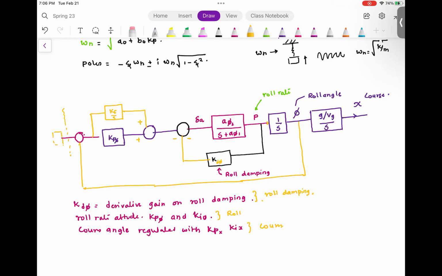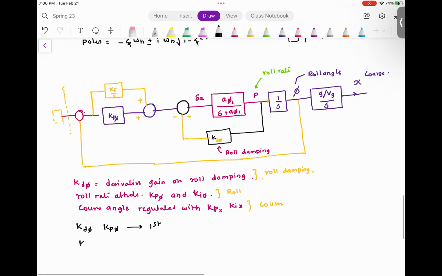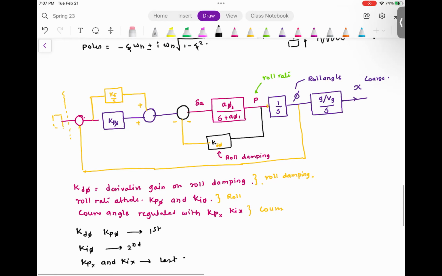Now, how do you tune these gains? Typically, first we look at KD phi and Kp phi. These are tuned first. Then the Ki phi gain is tuned second. And finally, Kpx and Kix are tuned last.